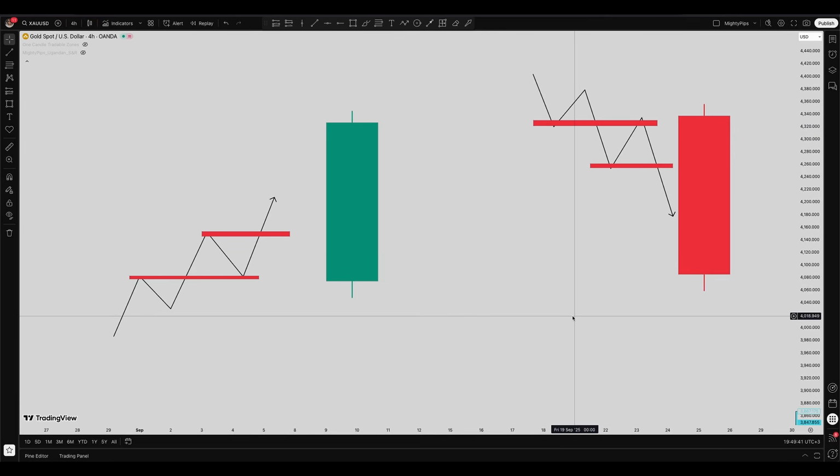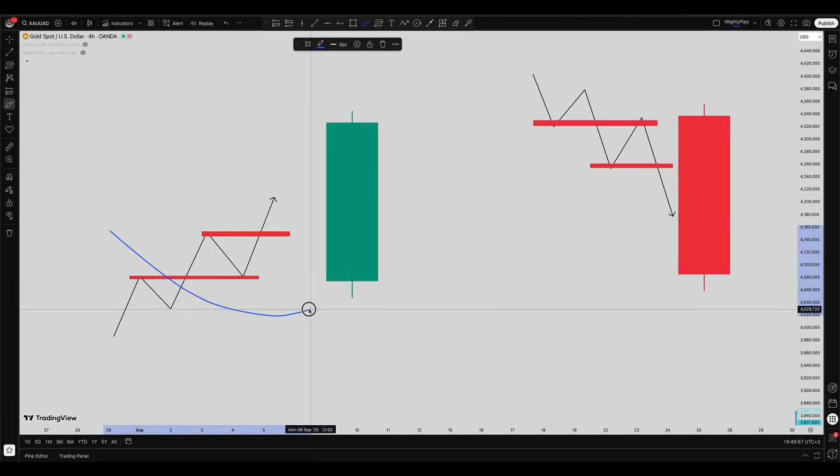After you have done that, another thing you can do to confirm whether the market is bullish or bearish is put a 20 period moving average on your chart. For example, if this is bullish market structure, you want to see the 20 period moving average below the price, or below the candles, like this. This blue line here represents a 20 period moving average.